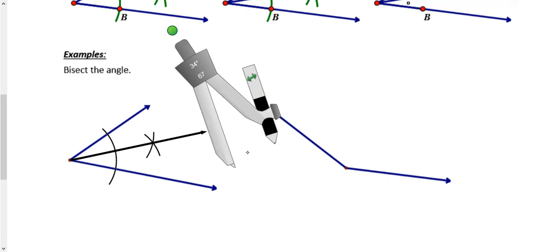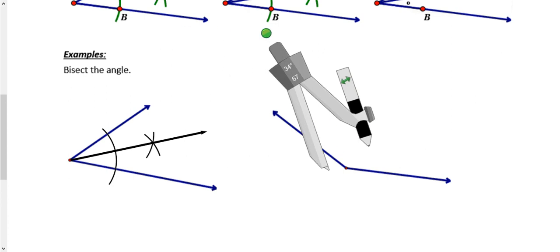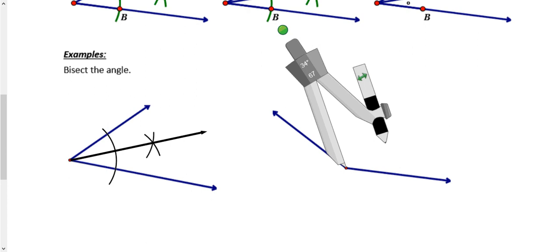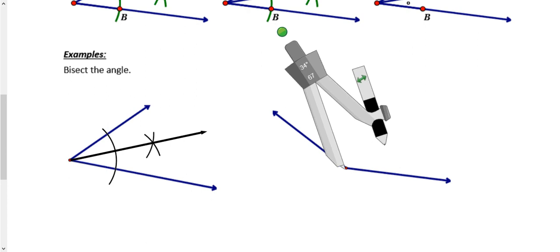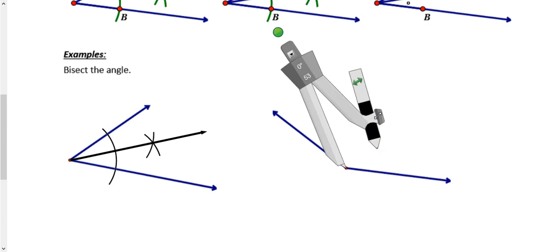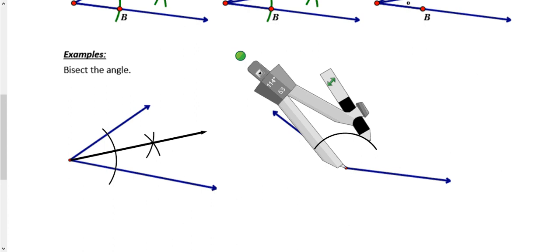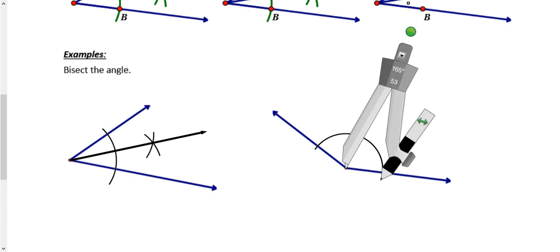So let's bring that over here. Does your intersection point go a little deeper? Yeah, that's what I said. Something's going to happen a little bit differently when it's an obtuse angle. I think you're seeing that. But just proceed on, like you're supposed to, and everything will be fine. So I'm going to do that. Uh-oh.